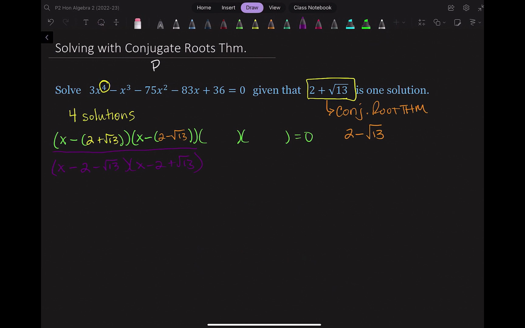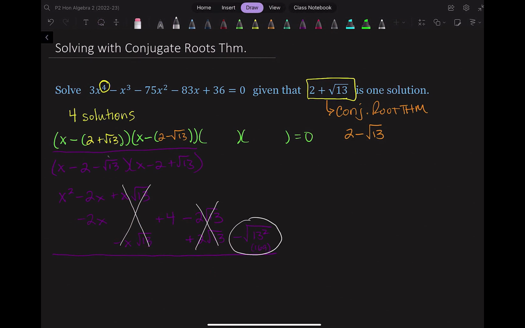Let's expand. And as we expand, we kind of create our columns, combine our like terms, cancel out terms that are opposites of one another, just like we did in the last video, and simplify our roots.